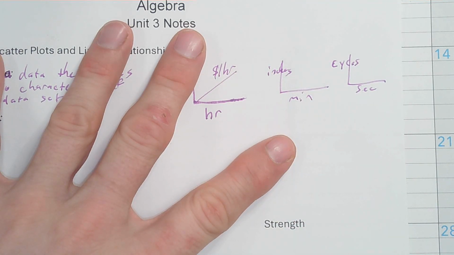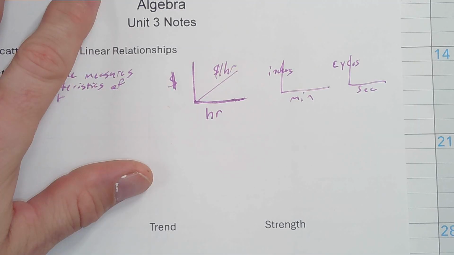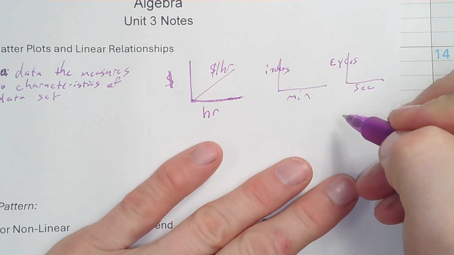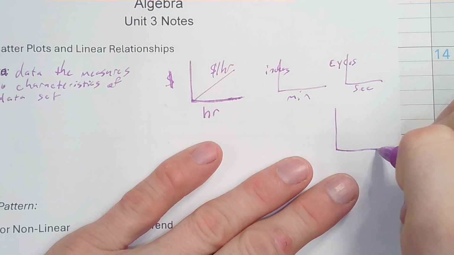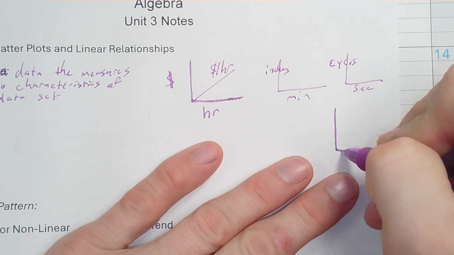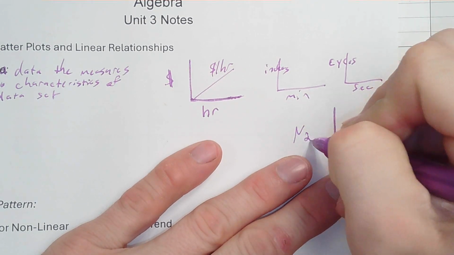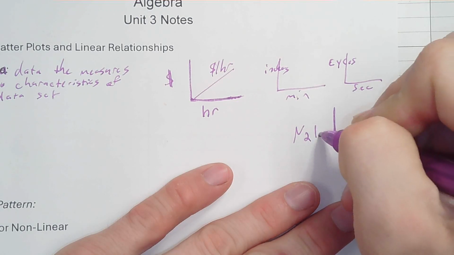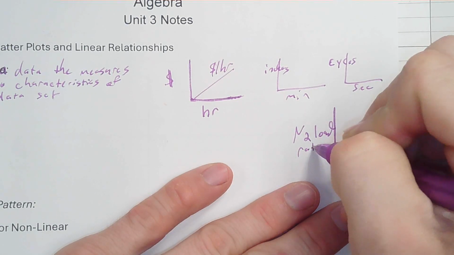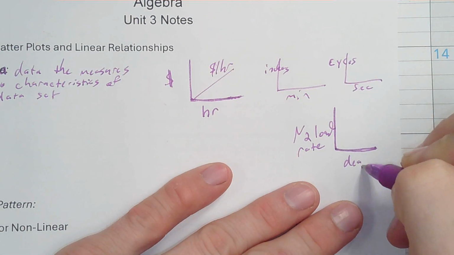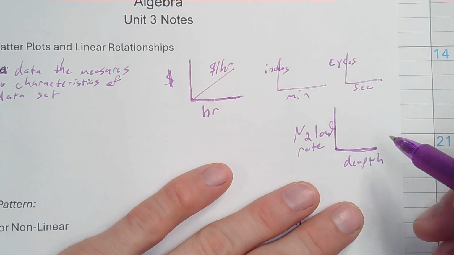But you could also have something like, in diving, N2 load rate per depth, right? Like for divers.